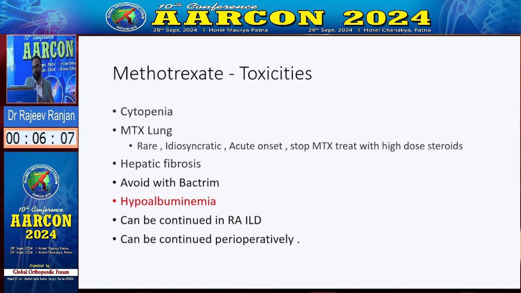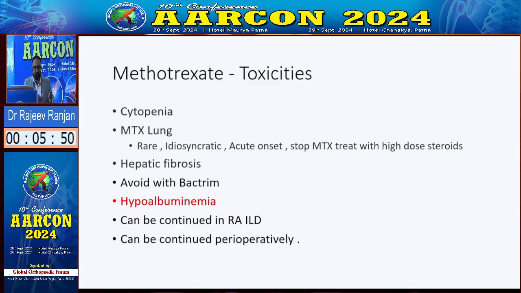One thing to be remembered is whenever we do a baseline LFT, look at albumin. Low serum albumin is a good marker. It has been observed that patients who have hypoalbuminemia develop a higher risk of side effects with methotrexate.